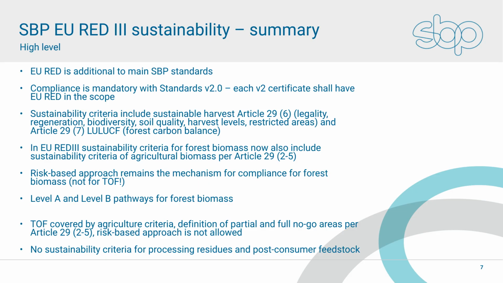Trees outside forests are covered by agricultural criteria with partial and full no-go areas defined in Article 29, Paragraphs 2 to 5, and again, no risk-based approach is permitted. For processing residues and post-consumer feedstock, there are no EU RED sustainability criteria, only GHG emission savings apply, although SBP's own requirements still apply under other standards.